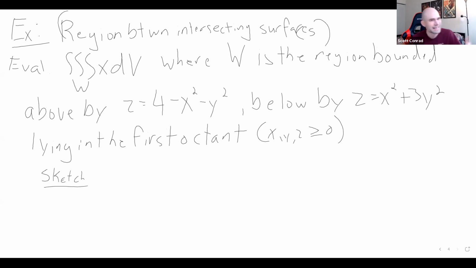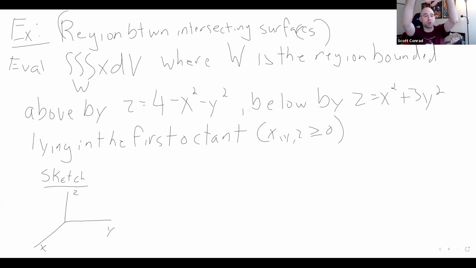So if possible, just do a really rough sketch to try to get an idea of what's going on. Sometimes this is a lot more difficult than others, but this one is not too bad. So let's forget about that first octant part. We'll come back to that later. We're told we're bounded above by z equals 4 minus x squared minus y squared.